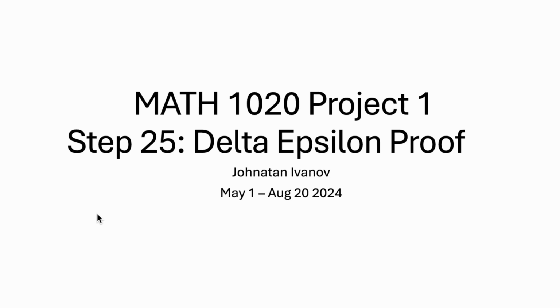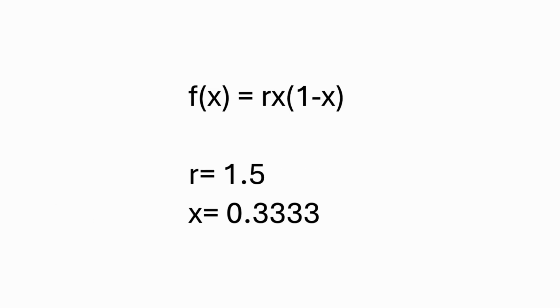1 for Math 1020. So we're starting with this function, f of x equals rx times the quantity of 1 minus x, and we know that r is equal to 1.5, and then through iteration we found that x equals 0.33, or I will just refer to this as 1/3 throughout the remainder of the video.